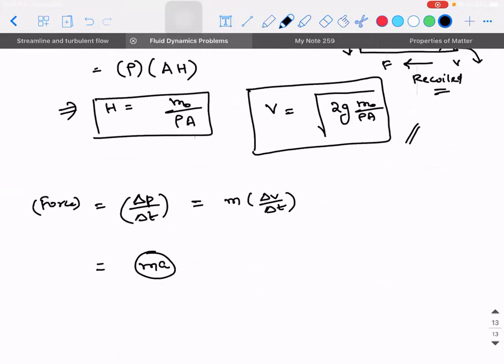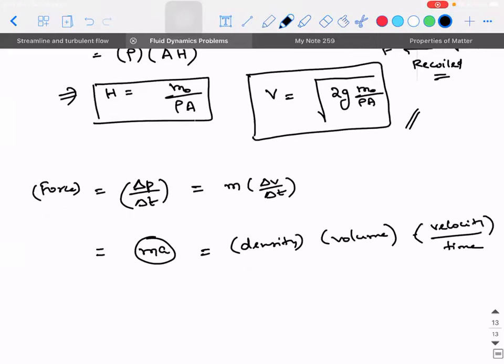Mass is equal to, can I write it as density into volume? Guys, are you able to understand? Into acceleration, can I write it as velocity by time? Right. Now see what I'm going to do.